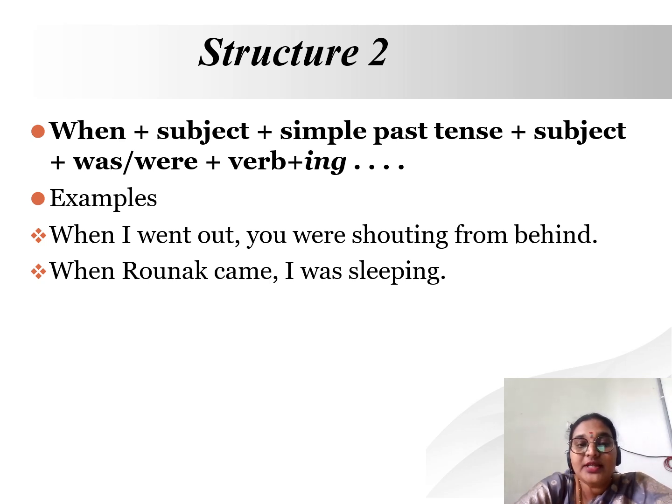If you can see the example, when I went out you were shouting from behind. You were shouting from behind is expressed in the past progressive tense, and this particular thing happened when I went out. So two actions happened, and to express those two actions we can take the help of when, or also while.